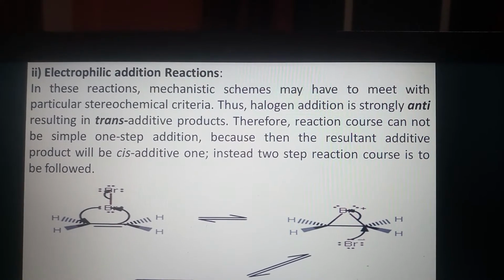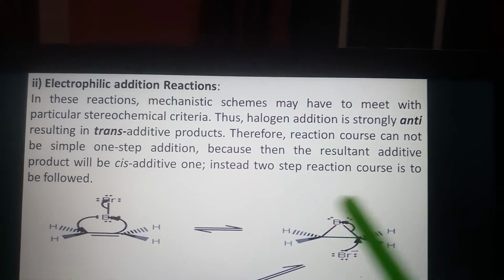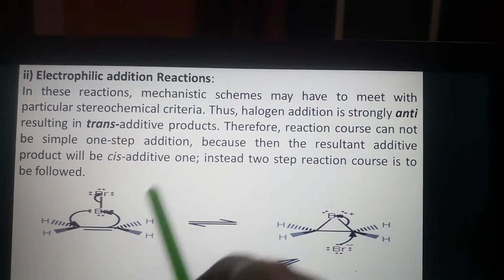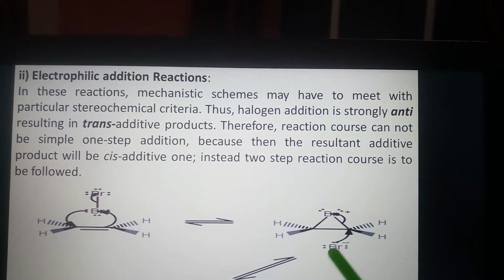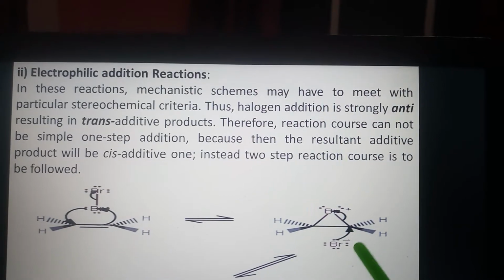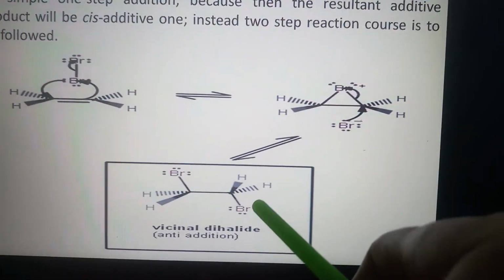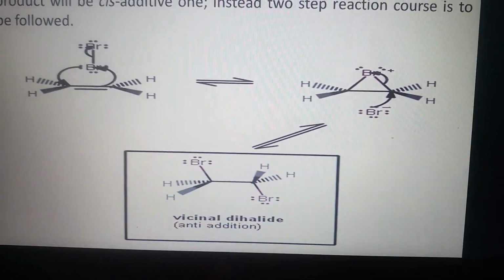Instead, a two-step reaction course is to be followed, as you have seen, in bromine addition to this double bond. First, a bromonium ion is formed, and after attack by bromide ion, we will get the trans vicinal dihalide, which is the anti-addition product.